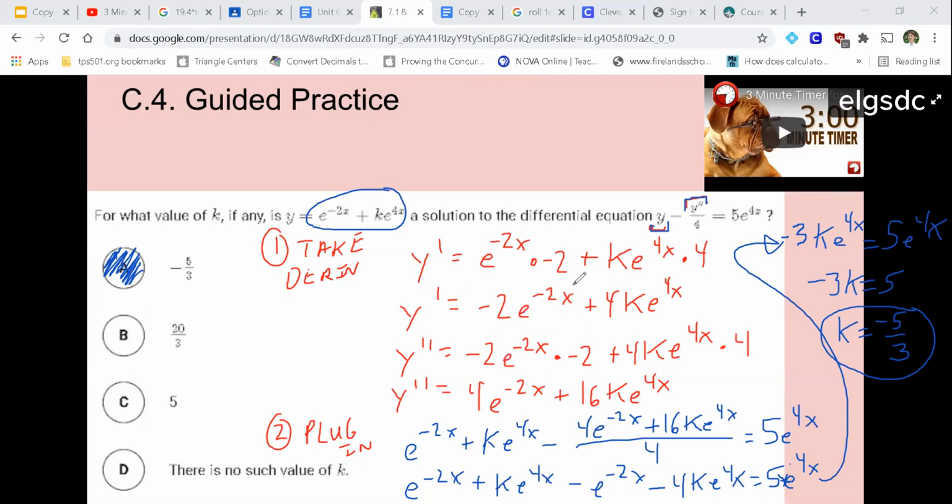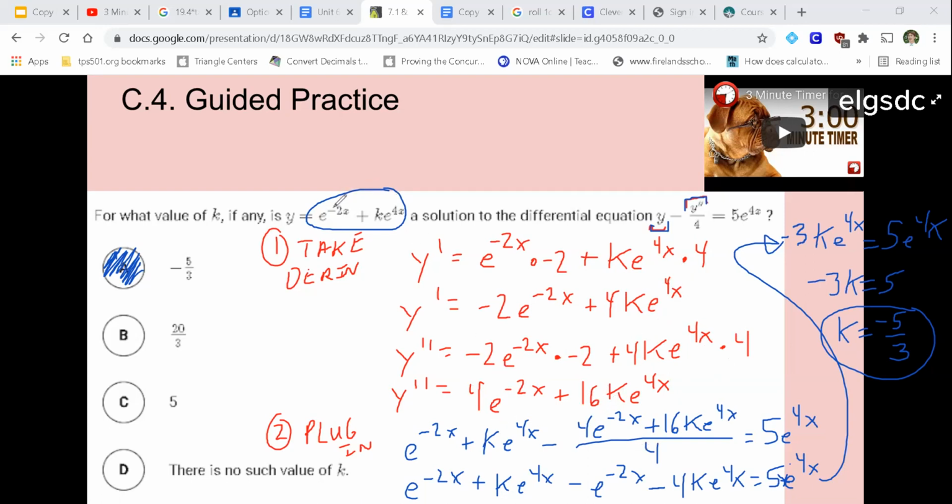Derivative of negative 2e to the negative 2x is negative 2e to the negative 2x times the derivative of its power, negative 2. The derivative of 4k e to the 4x is 4k e to the 4x times the derivative of its power. Derivative of 4x is 4. Multiply your coefficients, so you get positive 4 here and positive 16 here.